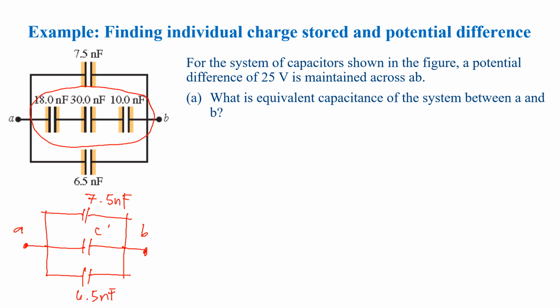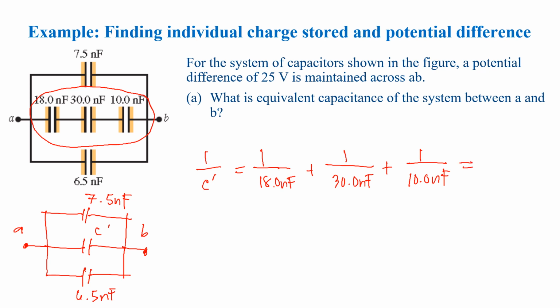Okay, so your C prime is an equivalent capacitor of 3 capacitors in series. And we got your 1 over C prime equal to 1 over 18 nanofarads plus 1 over 30 nanofarads plus 1 over 10 nanofarads.